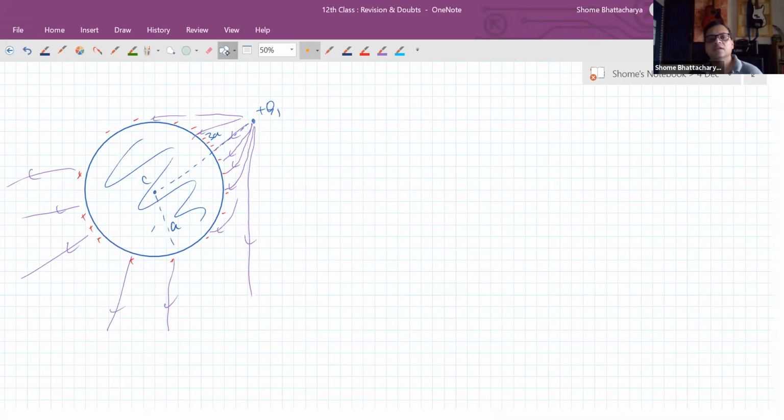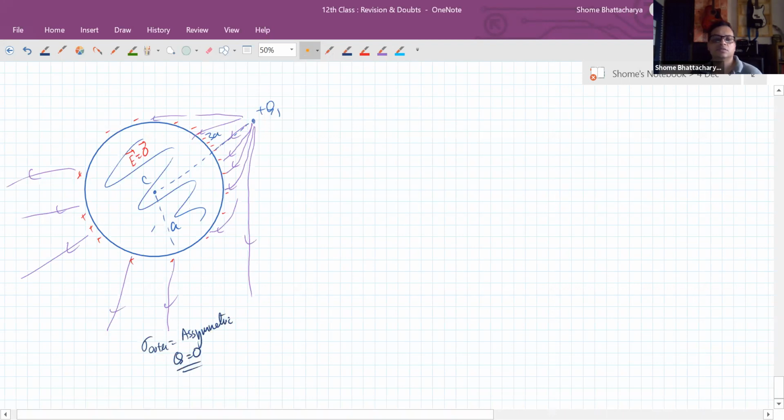Now, even if I have a sphere with a cavity, what this would do is that the electric field in the region inside would be 0. And in this case, this would create a sigma on the outer surface, which is asymmetric. Okay. And net charge is 0 on the outer surface.